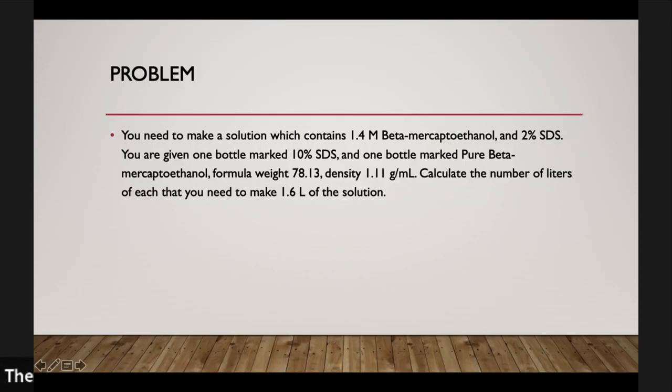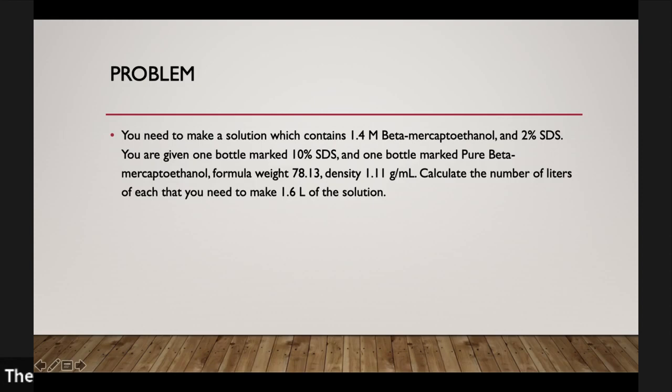So you need to make a solution which contains 1.4 molar beta-mercaptoethanol and 2% SDS. You're given one bottle marked 10% SDS and one bottle marked pure beta-mercaptoethanol. Formula weight is the same thing as molecular weight, 78.13, density 1.11 grams per mil.